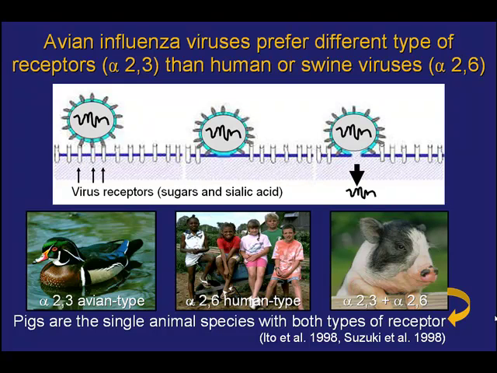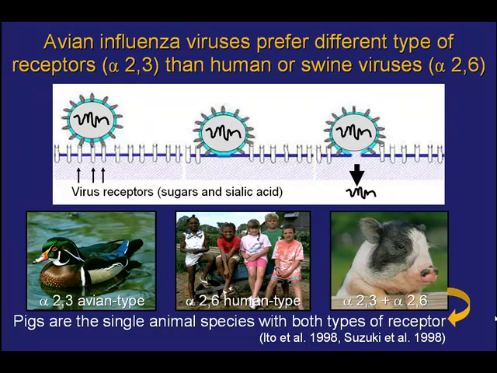And the important thing is that avian viruses prefer to bind to the alpha-2-3 linkage, while viruses from humans and swine prefer the alpha-2-6 linkage. And this fits with the finding that the human respiratory tract only has the receptor for its own viruses, while birds only have the receptor for the avian virus.